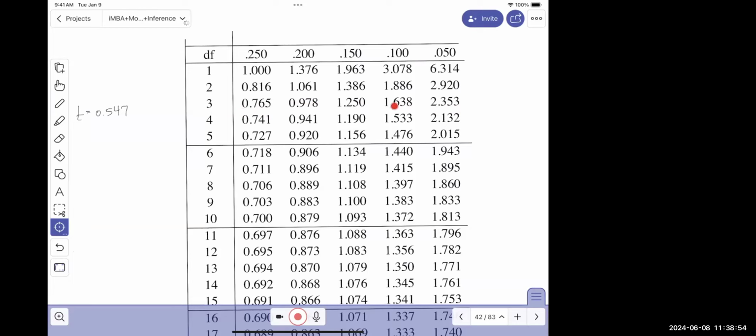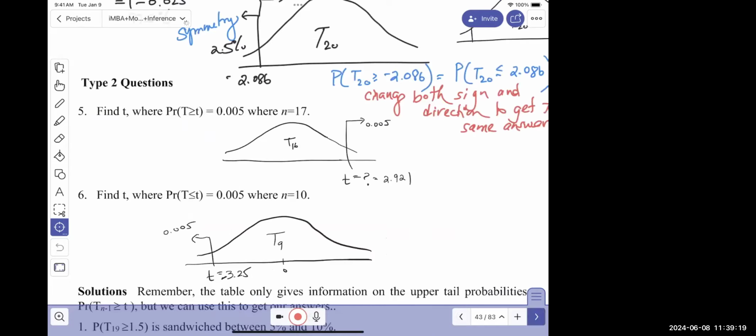It's not there, but what do I know? I know the closest one is this one, 0.765. I'm going to draw it on the graph, and then this is 0.25% on the right.